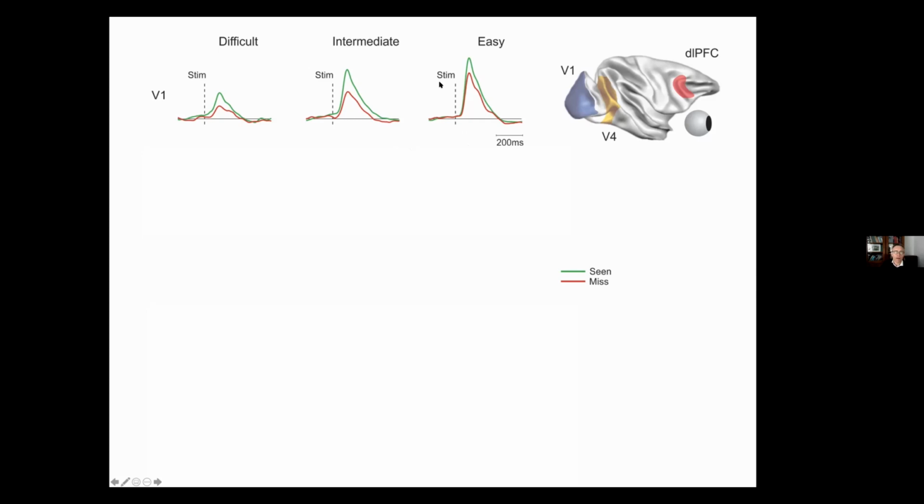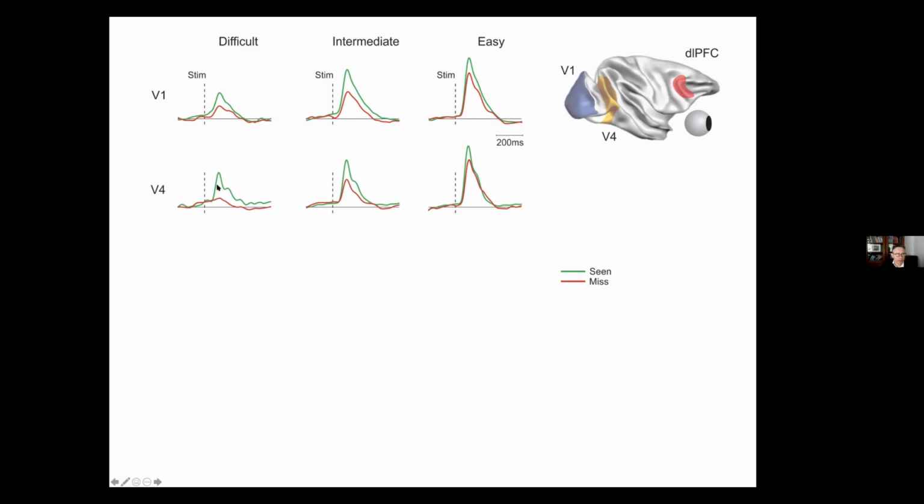Okay. Now it's also interesting to see that the activity on easy miss trials is higher than the activity on difficult hit trials, implying that a certain level of activity in V1 is no guarantee that this stimulus will make it into consciousness. In V4, we got basically the same result.